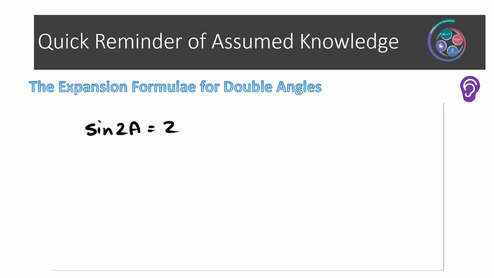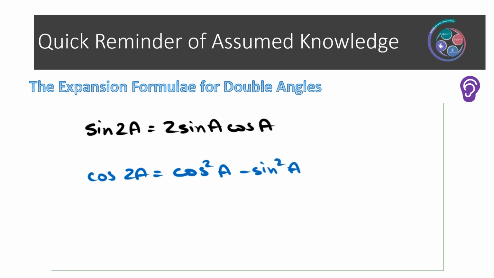Sine 2a can be expanded to 2 sine a cos a, and cos 2a can be expanded to cos squared a minus sine squared a, or 2 cos squared a minus 1, or 1 minus 2 sine squared a. I'll explain when we use which of these formulas in the questions as we go through this presentation. The sine one is good because there's only one expansion, but for the cos one I'll explain which one we use and when.